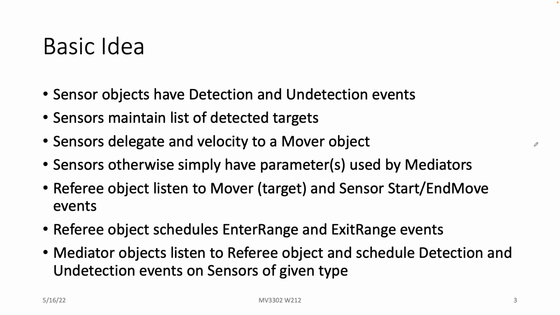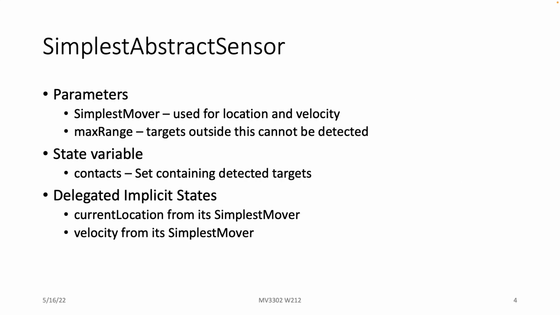So we have a mediator who's listening to the referee, and that's what's going to schedule the detections and the undetections on the sensors of a given type. So our abstract sensor, the abstract class or event graph, has all of the methods and parameters.